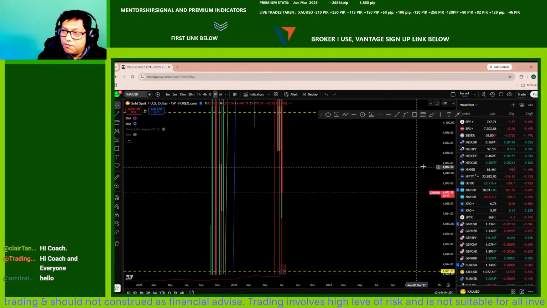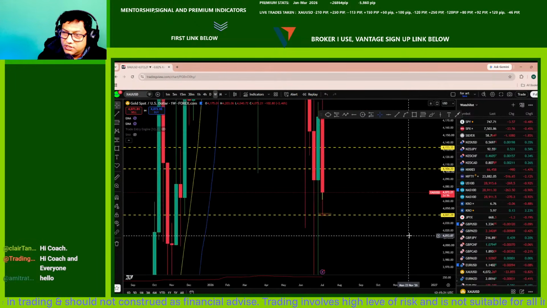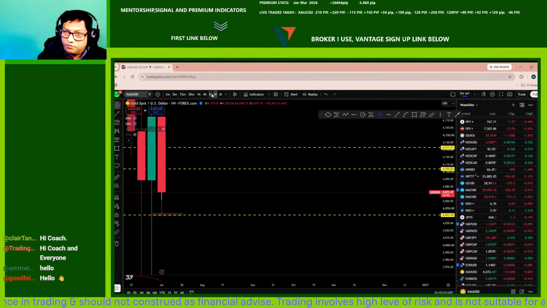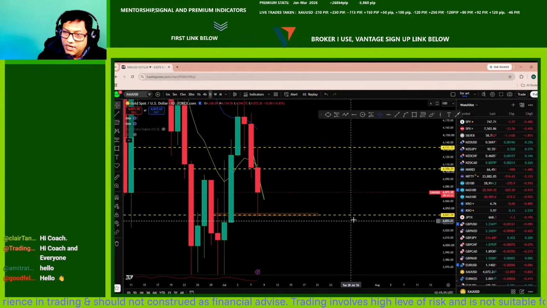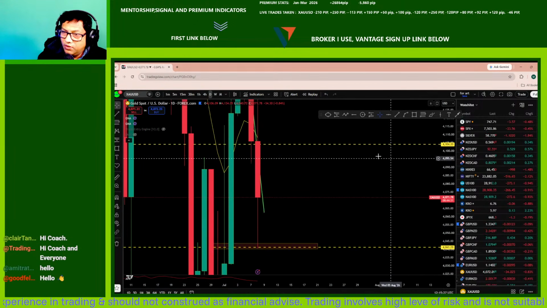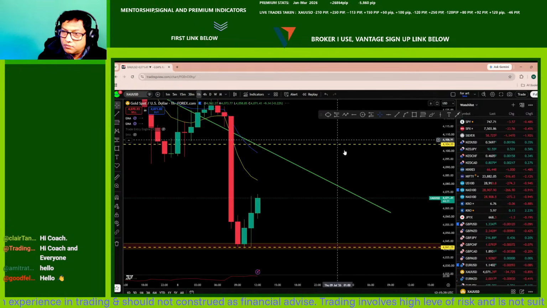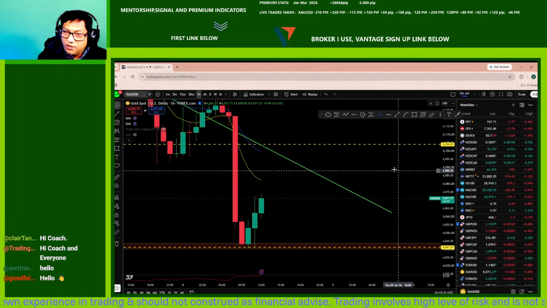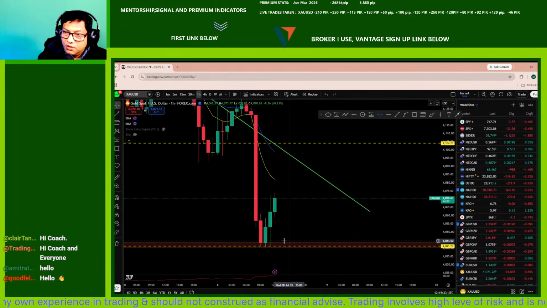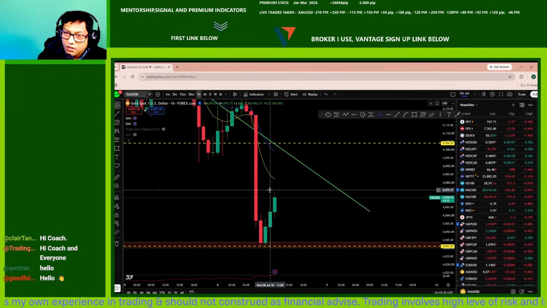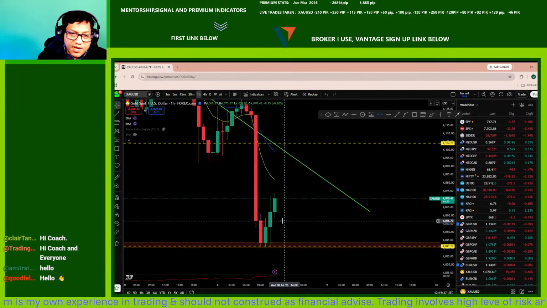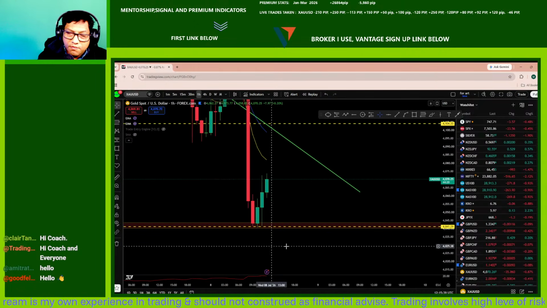So in the weekly market structure, this is the weekly support, and the daily level that you can see at that level. From the 1 hour, this is the 1-hour middleman here at that level. Welcome.